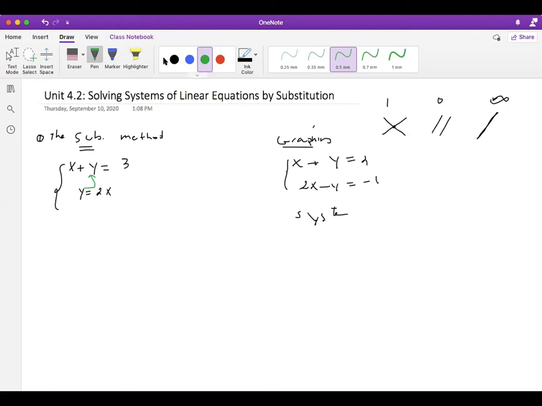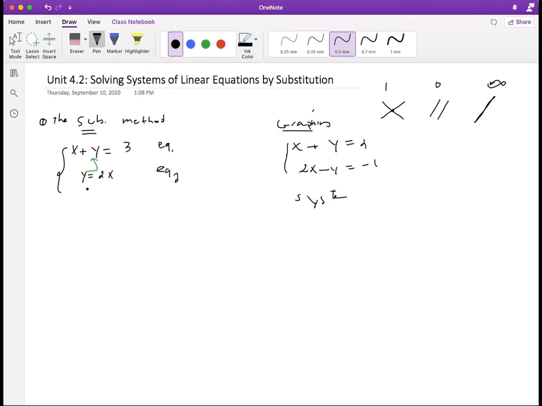So we're going to call this equation 1. This is equation 2. Okay, so plug or substitute y in equation 1.